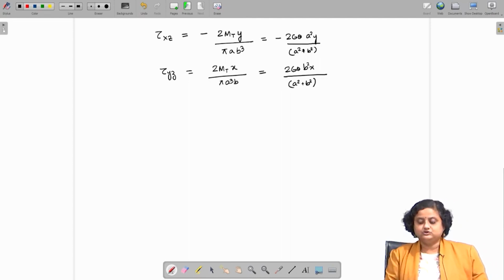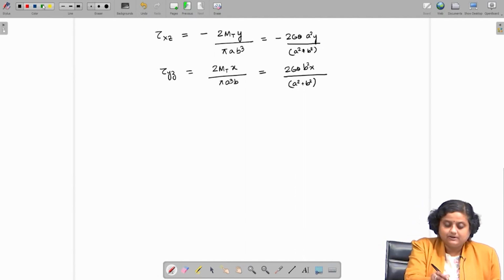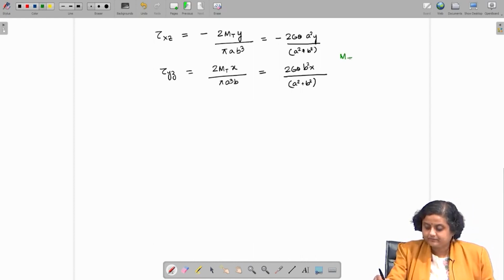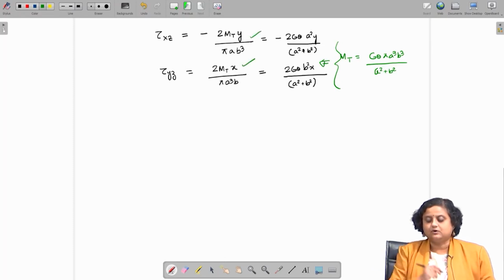Now, replacing G theta in terms of Mt, we have obtained these expressions, where Mt was G theta pi a cube b cube by a square plus b square.